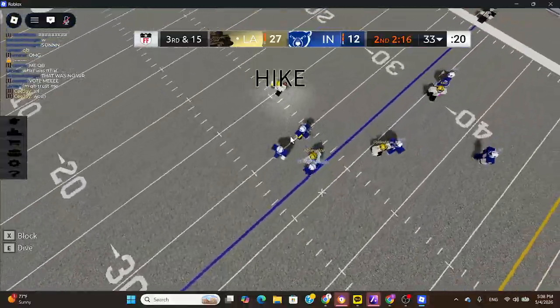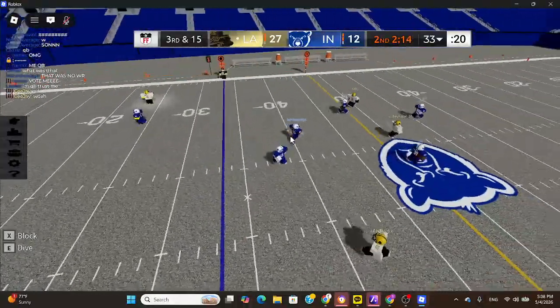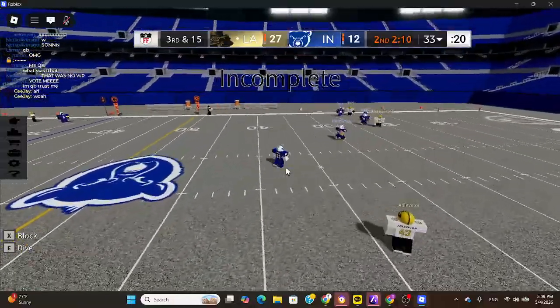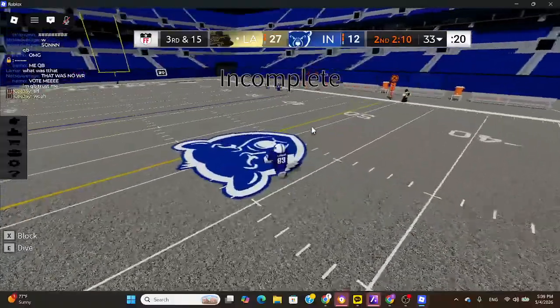I'm a rush. Never mind. He's rushed. Yo, he's wide open. Oh, he didn't see it. Nope. And the punt team comes out.